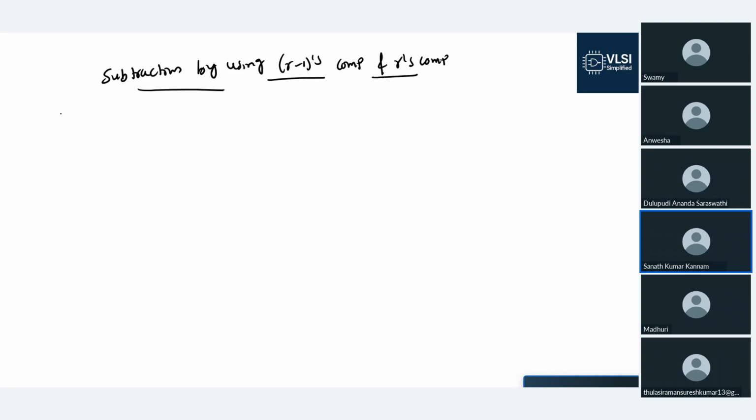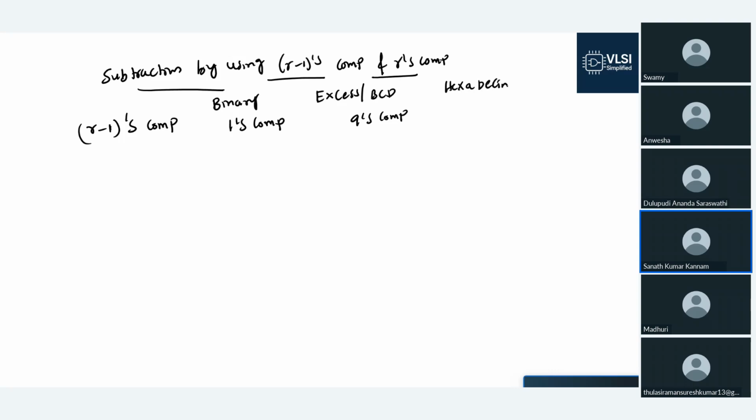For the (r minus 1)'s complement, if it is binary, you have 1's complement subtraction. If it is XS3 or BCD, you have 9's complement subtraction. If it is hexadecimal, you have 15's complement subtraction.